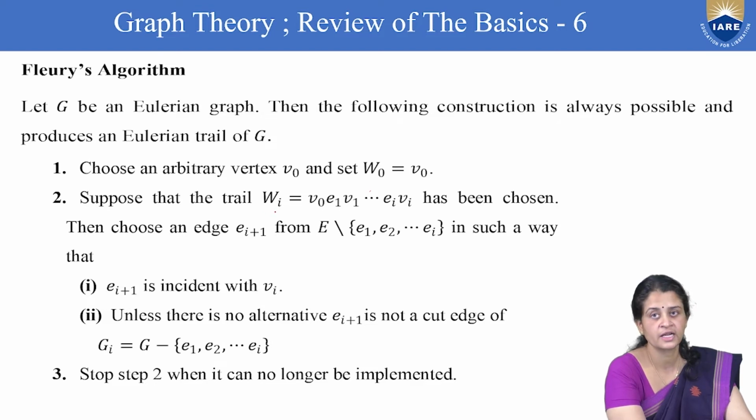Suppose we have a trail Wi: V0, E1, V1, and so on up to Ei, Vi.